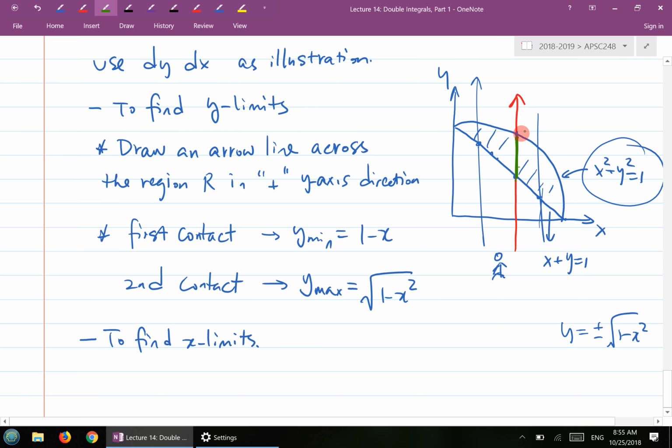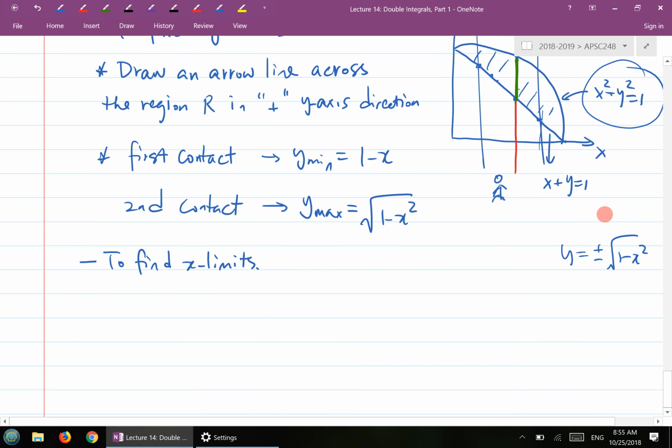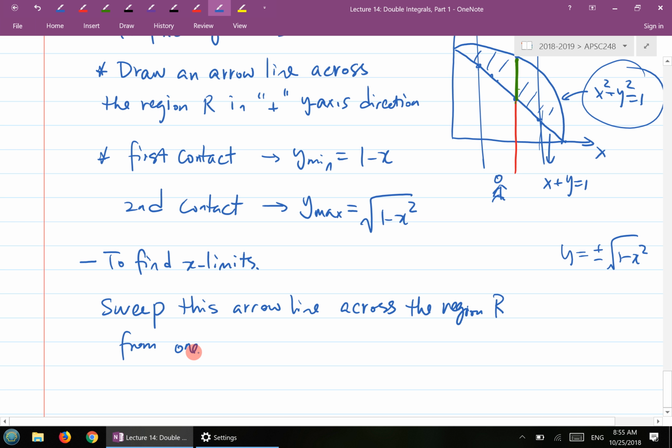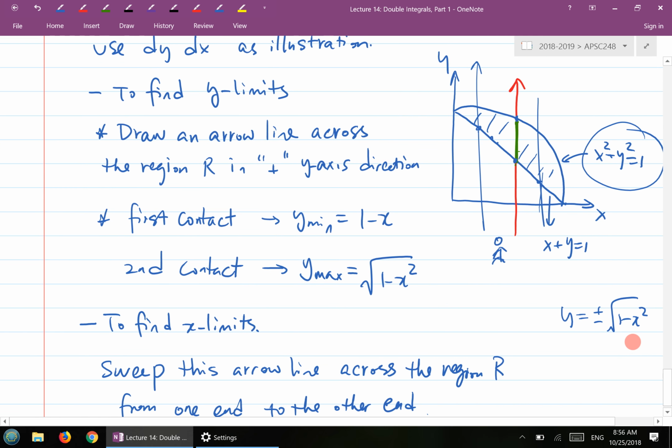And for the second step, finding the x limit, you sweep this arrow line across the region R from one end to the other end. So this is one end here, and that's the other end here.